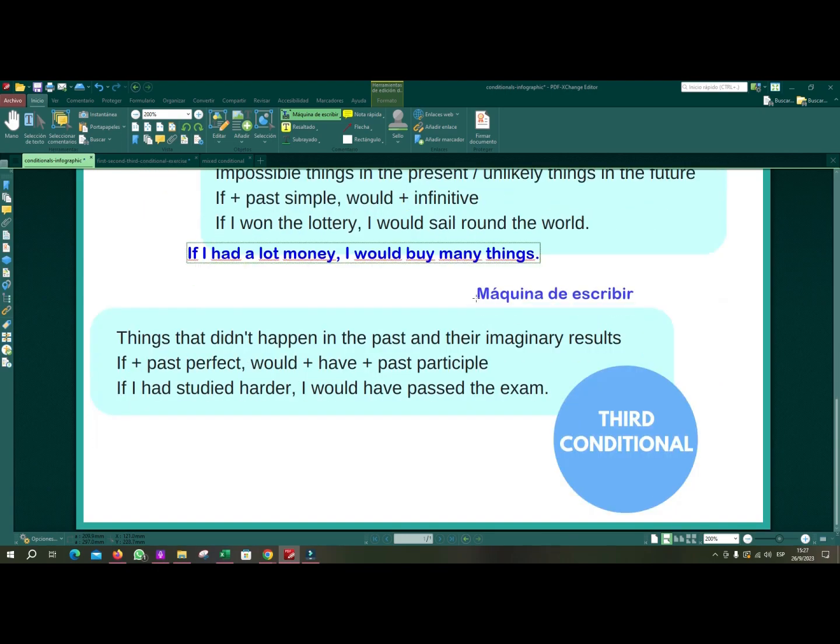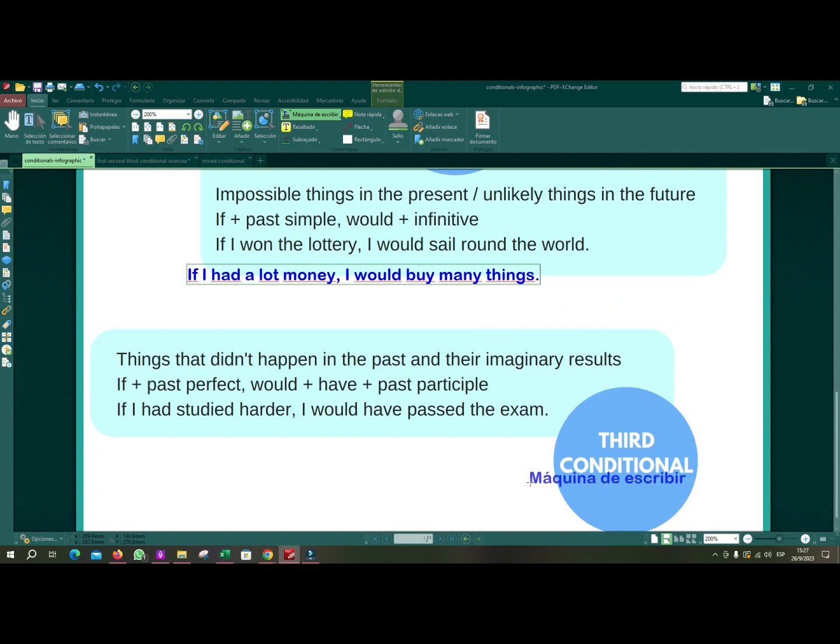So also there you have the third conditional, that is the one that we studied last class. So we're going to use this for things that didn't happen in the past and their imaginary results. So in the if clause, you're going to have the past perfect, and in the main clause, you're going to have would plus have plus the past participle, right?